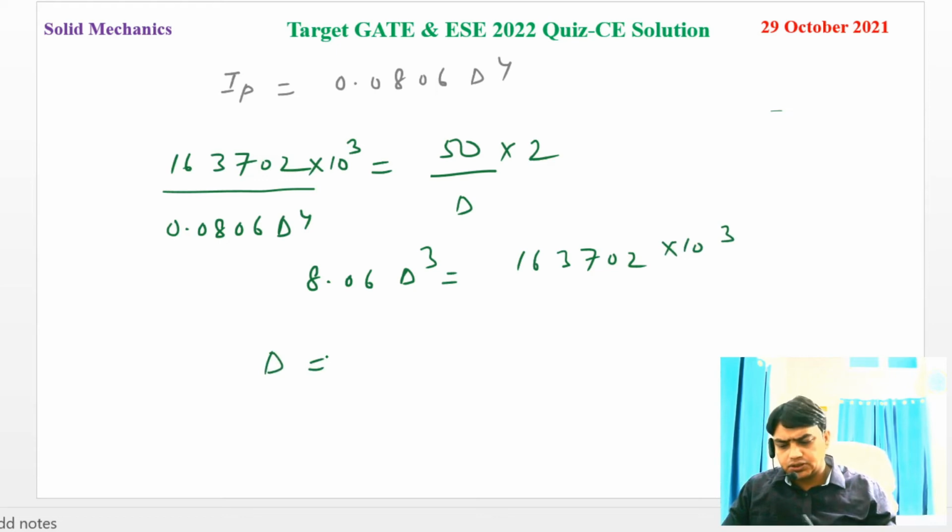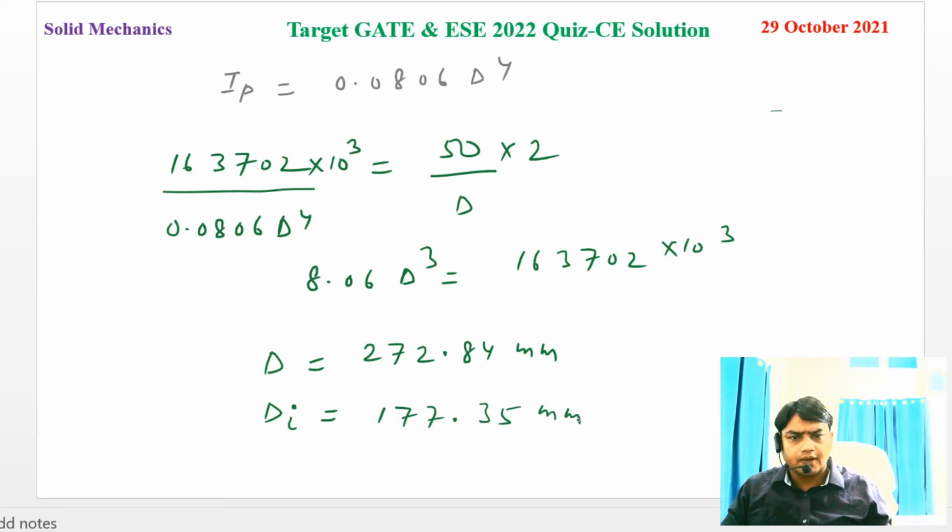So D is 163702 into 10 to the power 3 divided by 8.06, to the power 1 by 3. The external diameter is 272.84 mm. The internal diameter, multiplying by 0.65, is 177.35 mm.